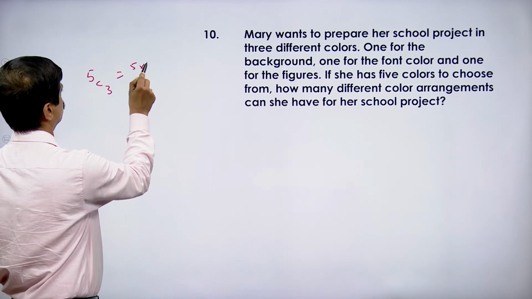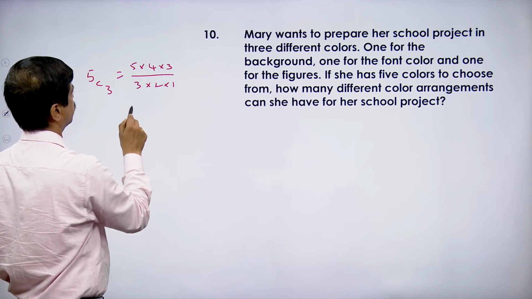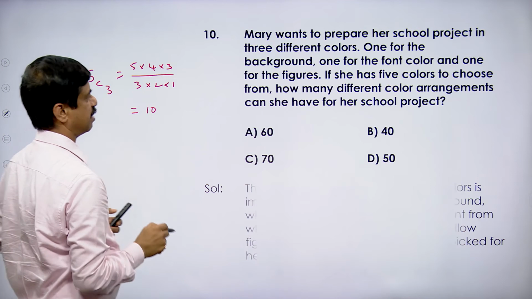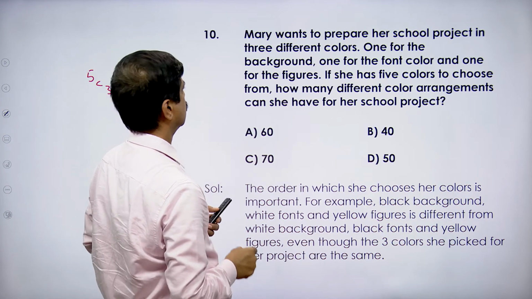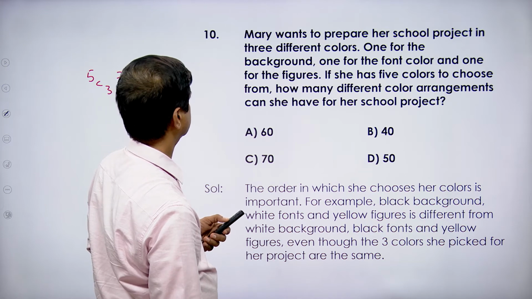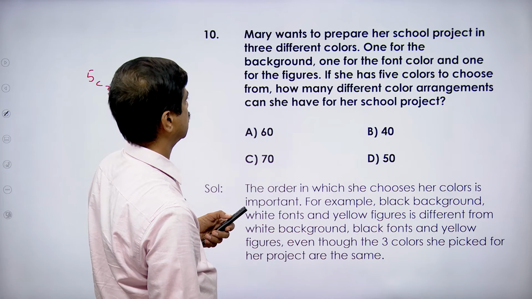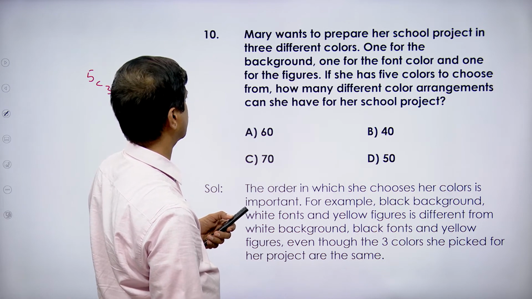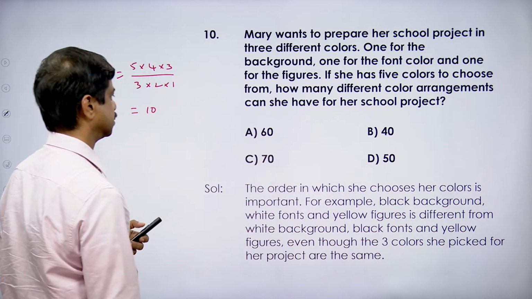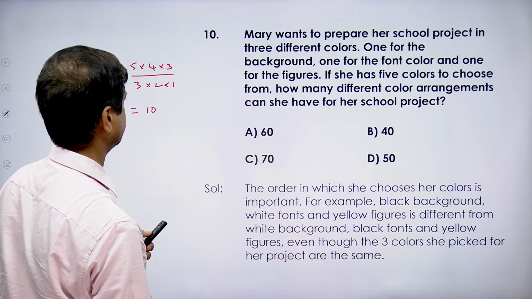That is 5 into 4 into 3 by 3 into 2 into 1. So that is 10 ways. If Mary wants to prepare her school project in 3 different colors, one for the background, one for the font, and one for the figures. If she has 5 colors to choose from, how many different ways? It is 5C3.